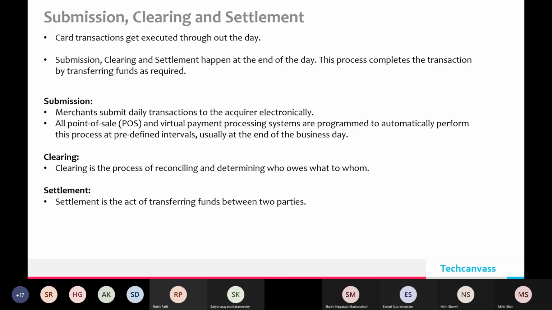The maximum time given is 3 days, and there could be some exceptions, but in general within 3 days the merchant has to submit all the transactions to the acquiring bank for confirmation.